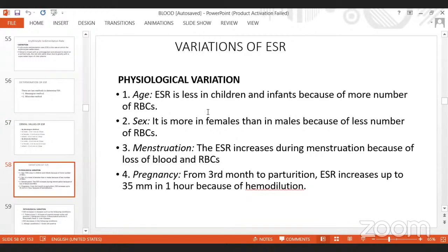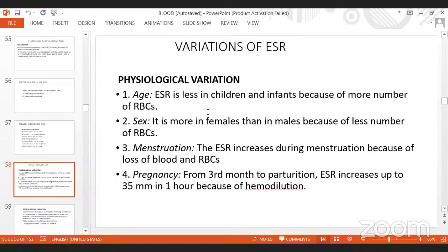ESR is less in children, as we have seen, and also less in infants because of the greater number of RBCs. In gender, it is more in females than in males because of the lower number of RBCs. And in menstruation, the ESR increases because of loss of blood and RBCs through the menstrual fluid.